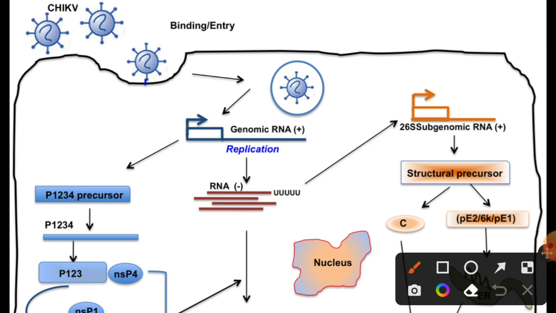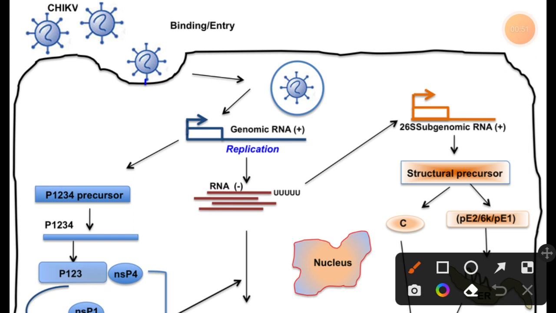So Chikungunya virus is a positive sense single-stranded RNA genome containing virus, and their genome size is near about 11.6 kb. Remember another thing, that Chikungunya virus belongs to family Togaviridae and genus Alphavirus.